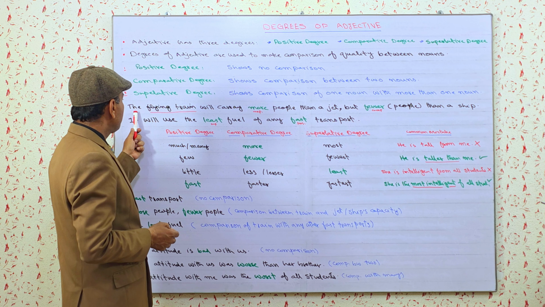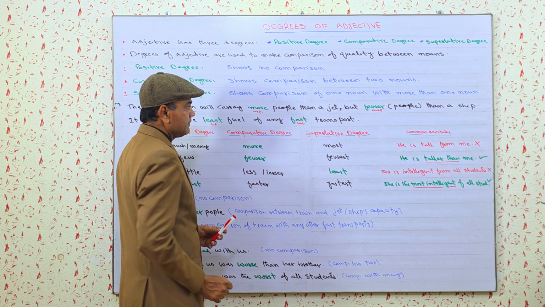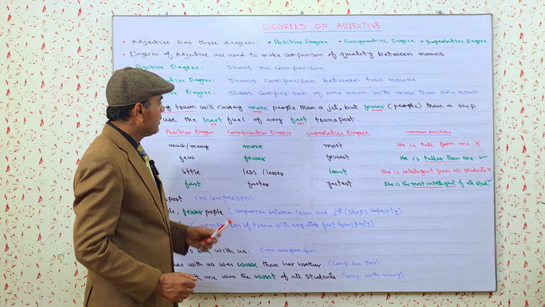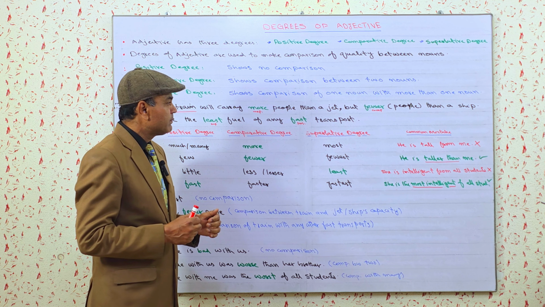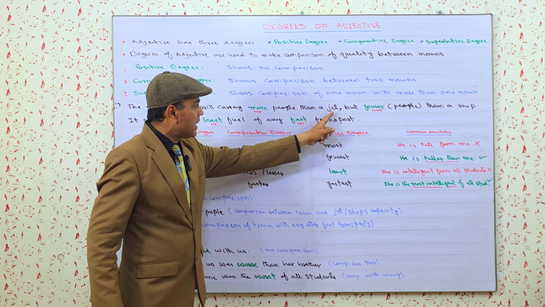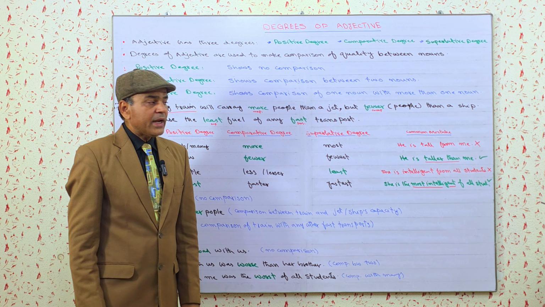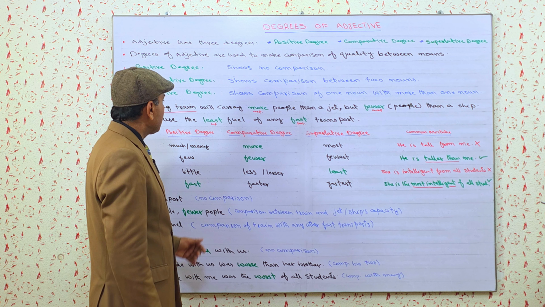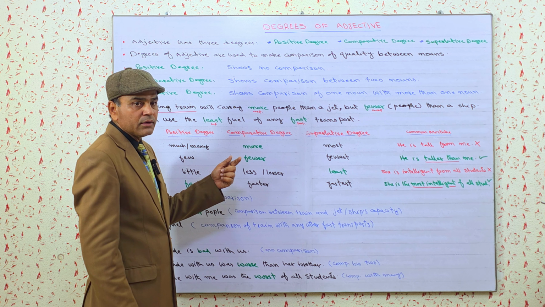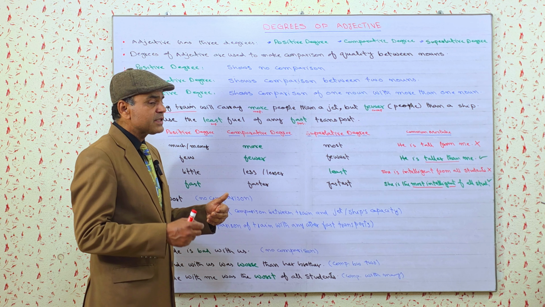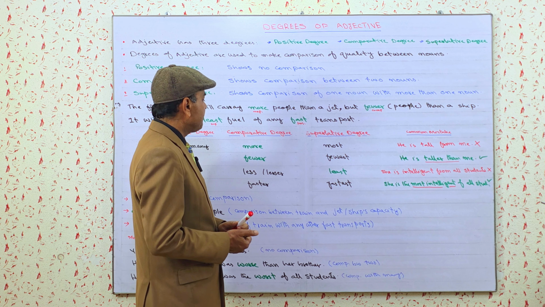So the flying train will carry more people than jet. Here I am talking about the capacity of jet and a flying train, and the capacity of the flying train will be more as far as the seating capacity is concerned. So I am using here comparative degree.